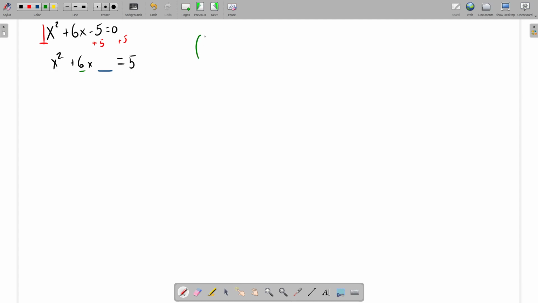So b divided by 2, or 6 divided by 2, which is 3. And then I'm going to square it. So 3 squared is 9. So (b divided by 2) squared gives us this magic number that's going to go here to make this into a perfect square trinomial.